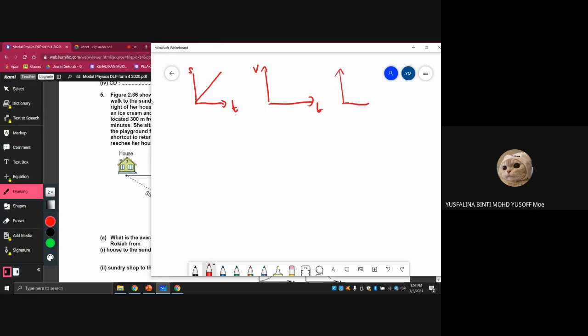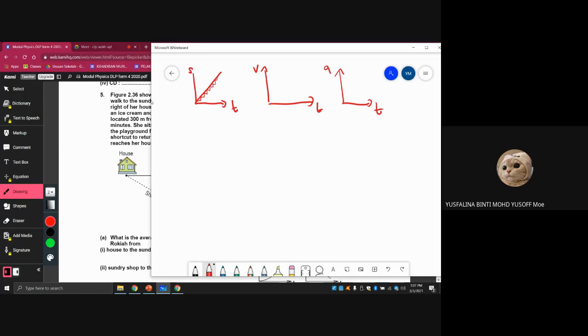First, the gradient: for displacement against time, if I draw the triangle here, you can see the size of the triangle is the same, so the gradient is the same.